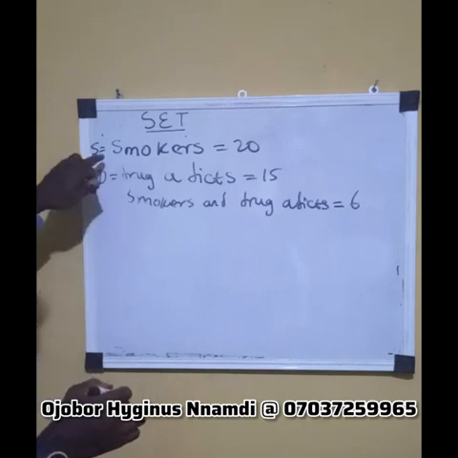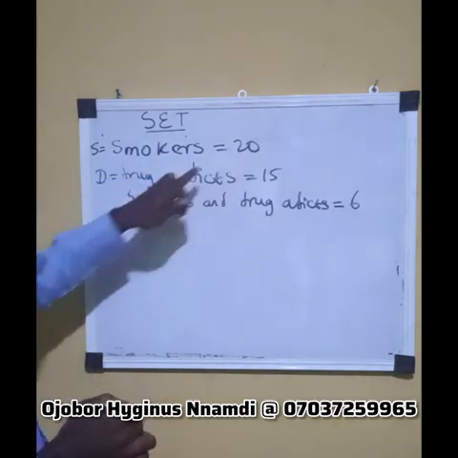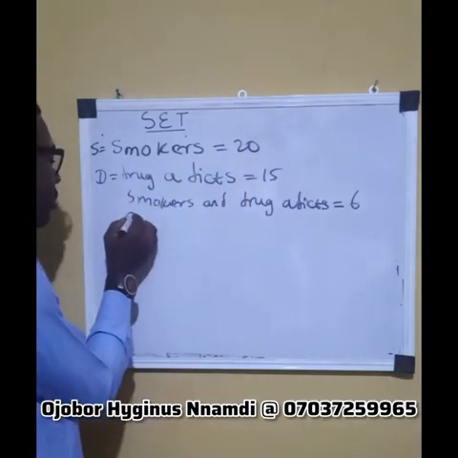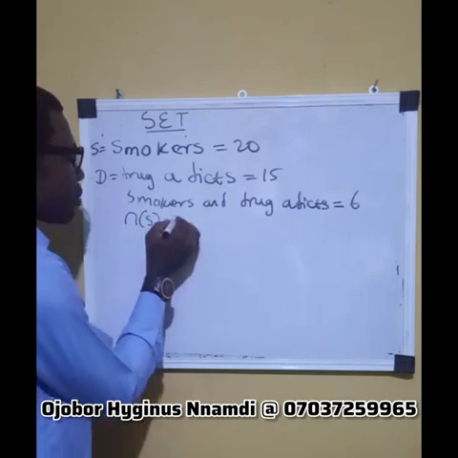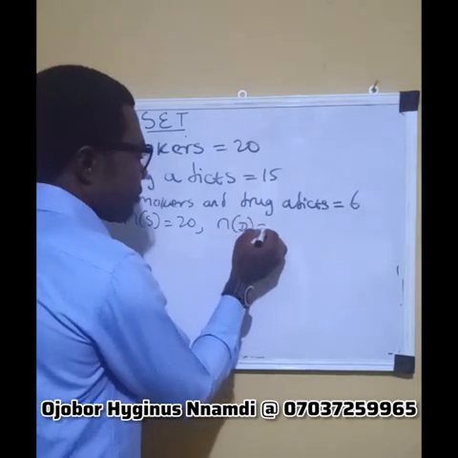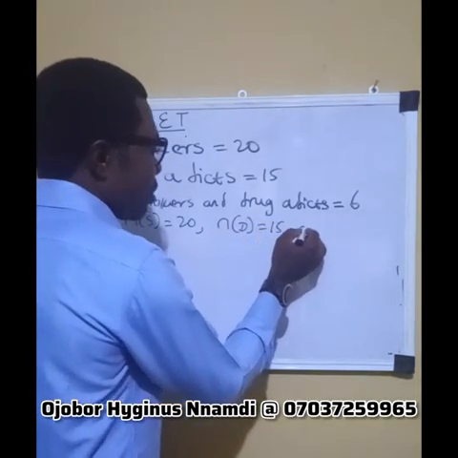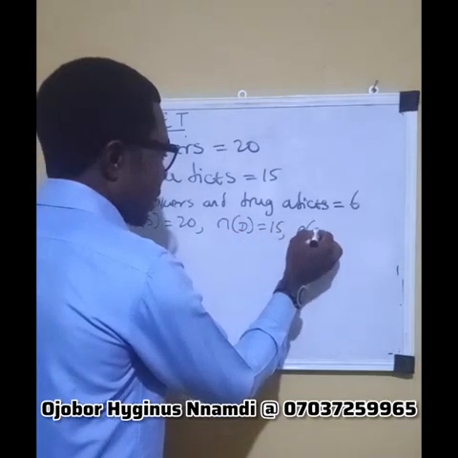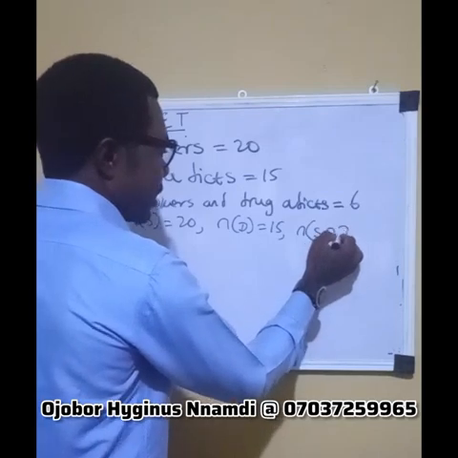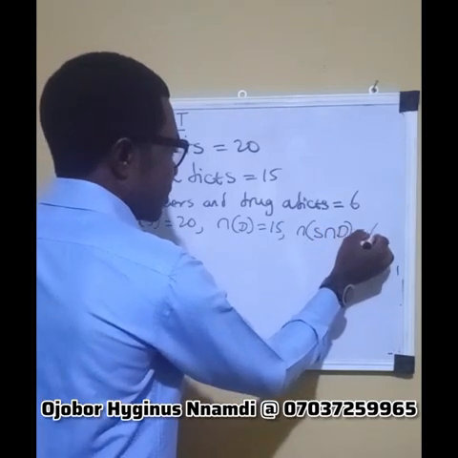So if we have 20 smokers, we have 15 drug addicts. That is to say, number of smokers, we have 20. Number of drug addicts, we have 15. And number of those who are both smokers and drug addicts, and this stands for intersection, is 6.